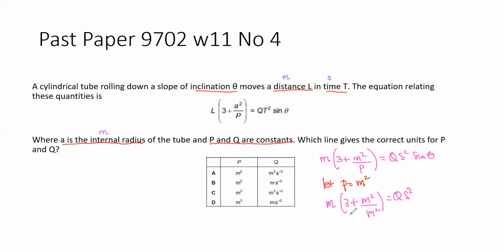So m squared divided by m squared is 1. 1 plus 3 equals 4. So 4 is a number, so there is no unit, and we can ignore it. So m equals q s squared, and q equals m s to the power of -2.